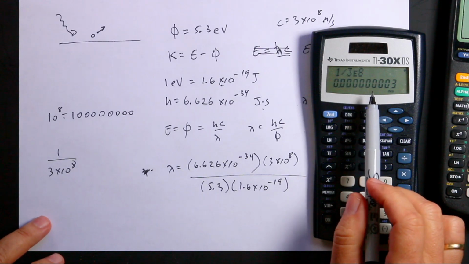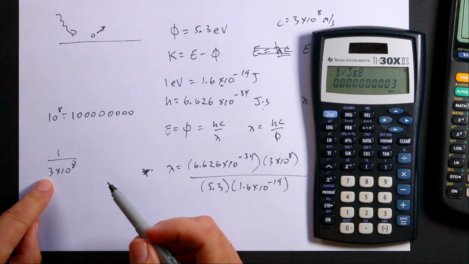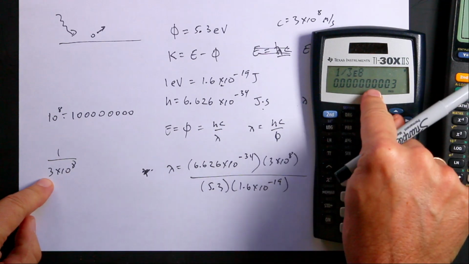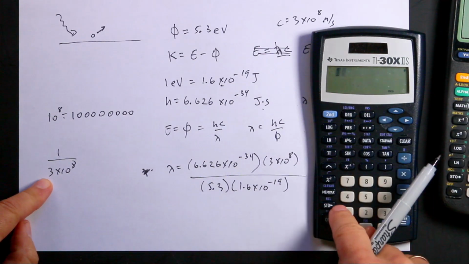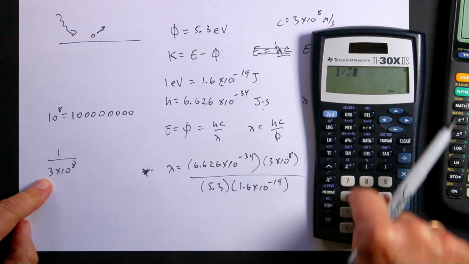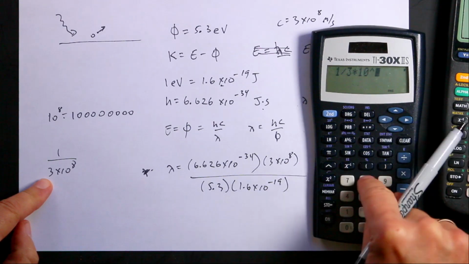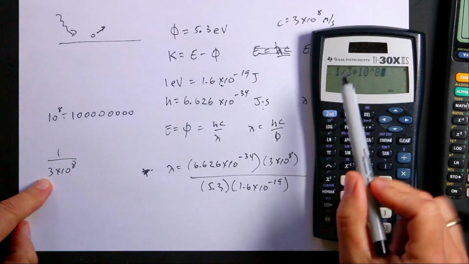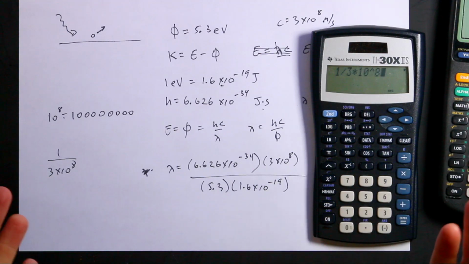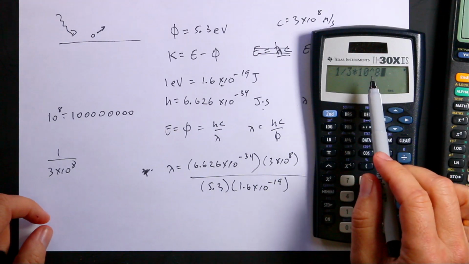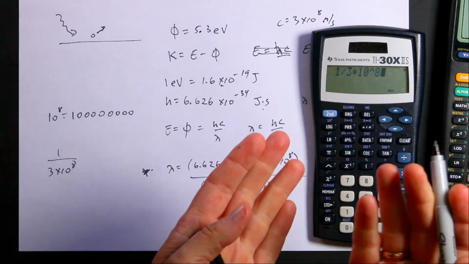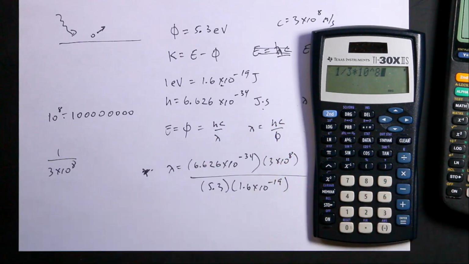Because what happened in the other way, if you do 1 divided by 3 times 10 to the 8th, the calculator just does what you tell it to do. It says 1 divided by 3, that's 0.33333, times 10 to the 8th, right? You would have to put that in parentheses in order to make it work, which you could do.